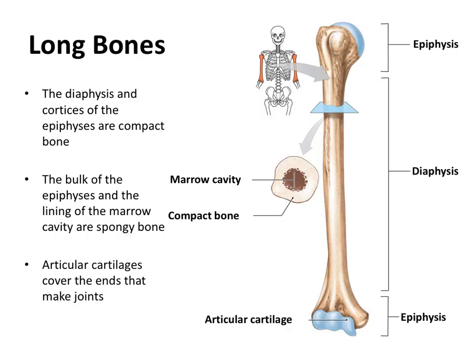All right, long bones have a little bit of extra terminology. I won't spend too much on this, but the diaphysis is the shaft of the long bone. It is made of compact bone. You can see here the cross section of how the bone is really densely packed together and is very strong against bending forces, especially.